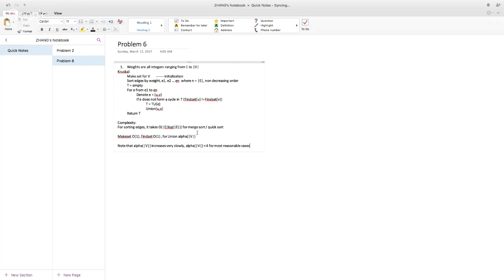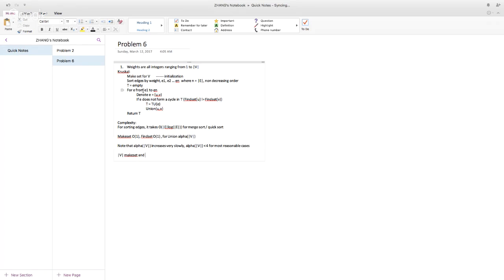Now, for the initialization, there's V make set.